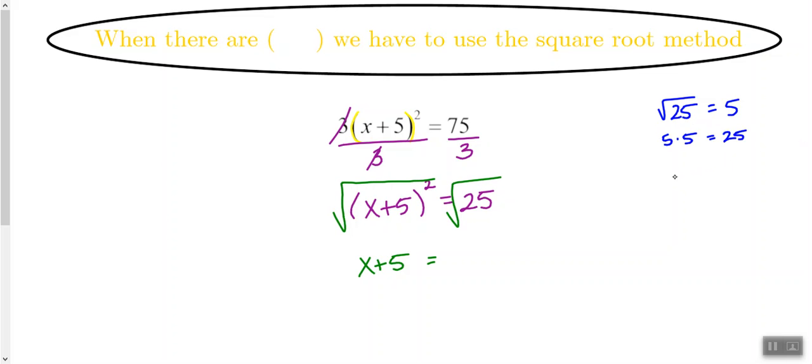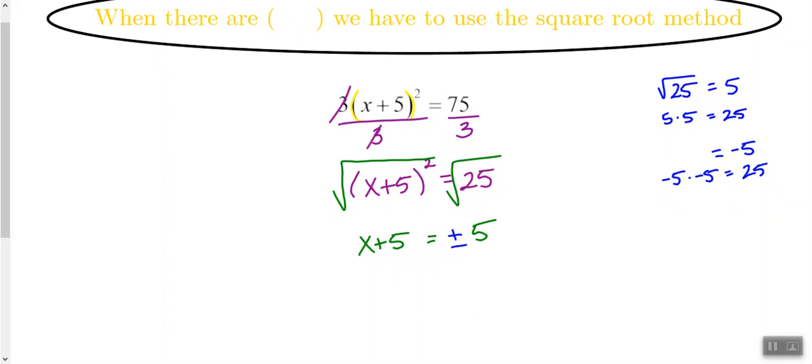The square root of 25 can also equal -5, because if I do -5 times -5, that also gives me that positive 25. So anytime you take a square root, you need the plus or minus sign in front of your answer. So the square root of 25 is plus or minus 5.